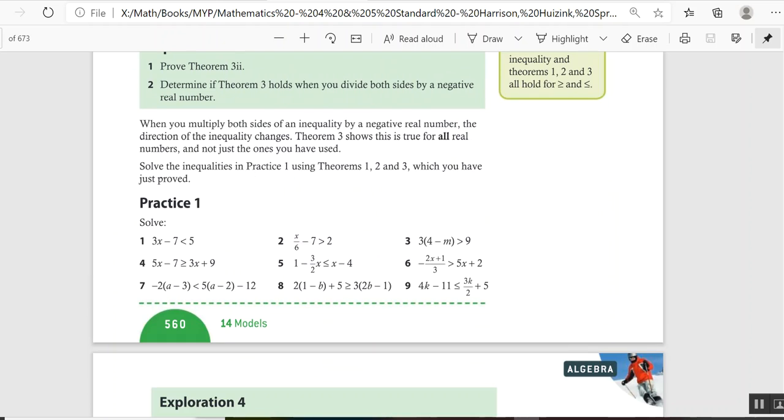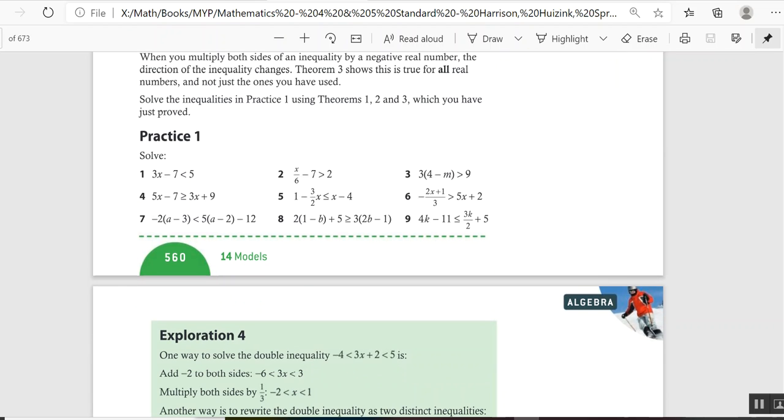But really, practice 1, have a go at solving those inequalities and see what happens. I would strongly recommend with inequalities you always do that check at the end. If I see an assessment, I hope that I see a check with a yes, I'm right or wrong at the end.